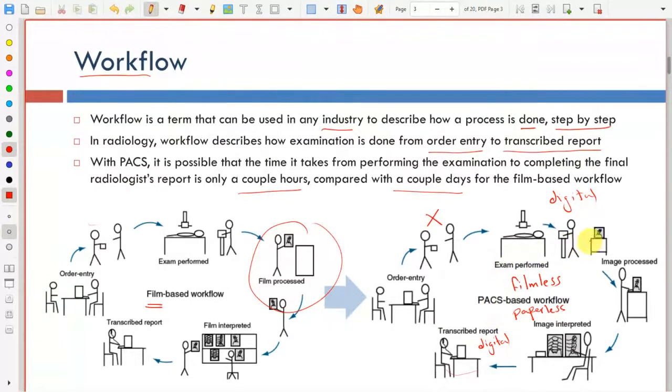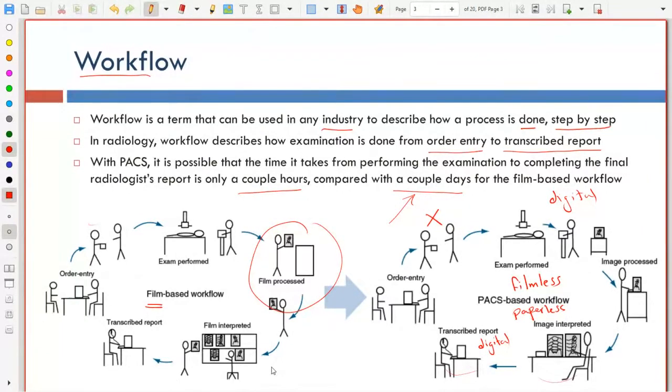Here, because everything is digital, once you perform the exam, the image is available to the doctor almost immediately, so you can do the interpretation very quickly. One other reason for the couple of days here is if you need a specialist to interpret the films, because you have a very specialized problem, or the radiologist presently available in the hospital suspects something he is not sure of and needs a second opinion.